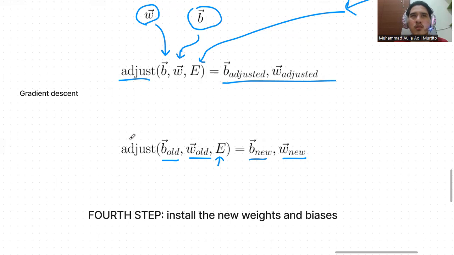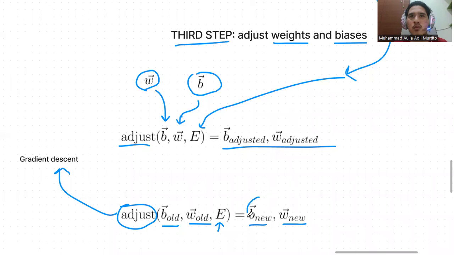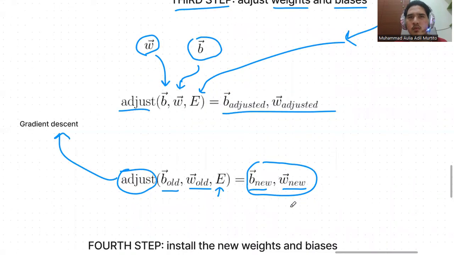This adjust function is one of the algorithms that could represent this step. This adjust function is gradient descent. So after the third step, we get new biases and new weights that have been adjusted.